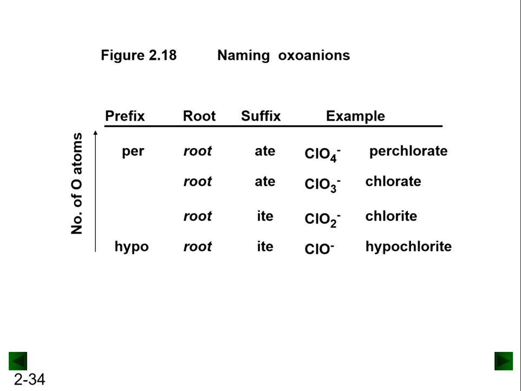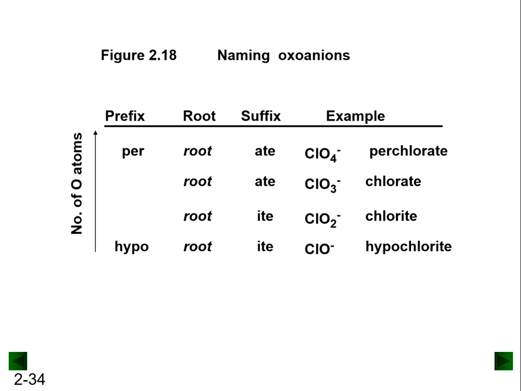There's a special group that you need to learn, and those are called the oxoanions. Oxoanions are where you take one nonmetal and surround it with a group of oxygen atoms, and it has a net charge. And oxoanions typically have either 1, 2, 3, or 4 oxygen atoms on them. And they very commonly have a -1 charge, but there are ones that have higher charges, like -2 and -3 for groups 16 and 15.